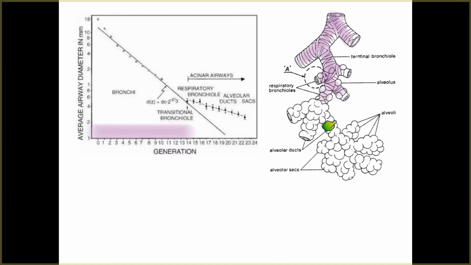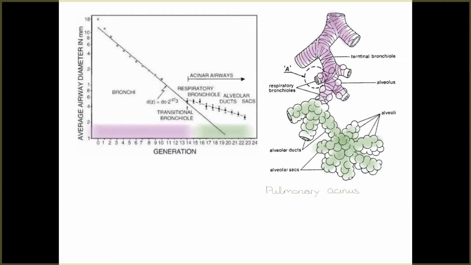Now there's also something interesting: when we cut it off here at about generation 15, 16, then we get something which looks like cauliflower. So that's basically this here, and this is called the pulmonary acinus.